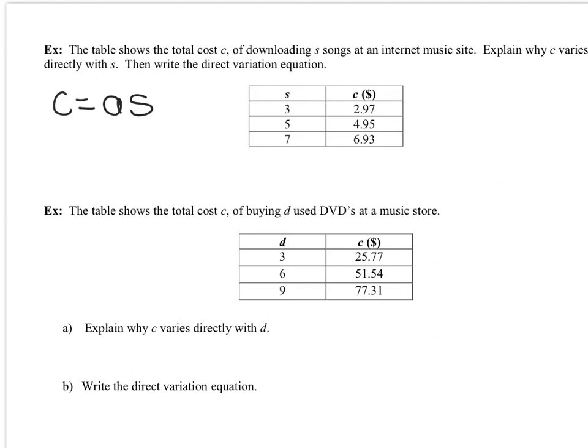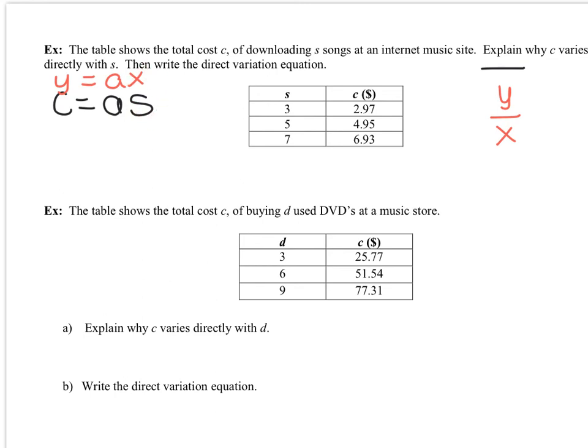So the first thing that it wants is to explain why C varies with S. So what we recognized earlier is that the definition of direct variation says that if you divide y by x and it's constant every time, then it's direct variation. Well, in this case, remember that the direct variation equation is y equals ax. So C is really our y, and S is really our x.